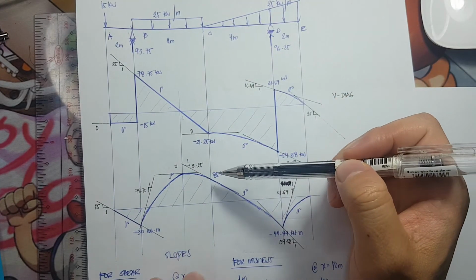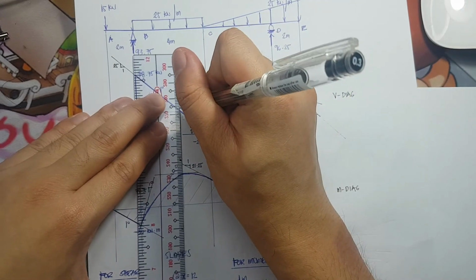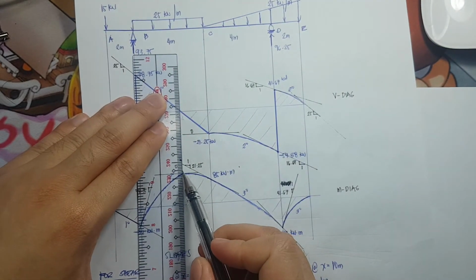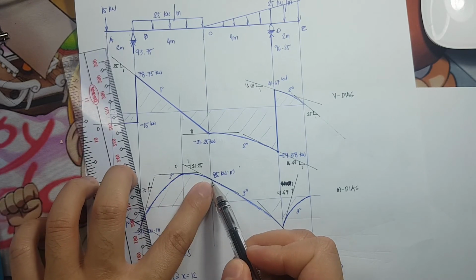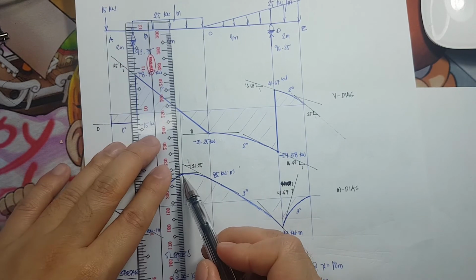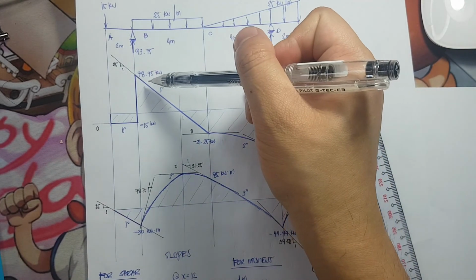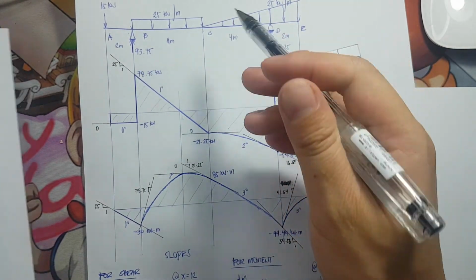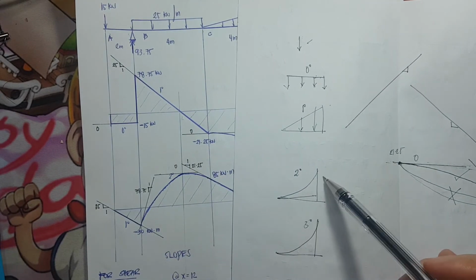Now, take note, I repeat, at the point of 0 shear will be the point of maximum moment. So, ibig sabihin, itong 85, it is not the highest value. May mas mataas pa sa kanya. Okay? So, this is a first degree curve. Therefore, ang curve natin dito sa moment would be a second degree curve.